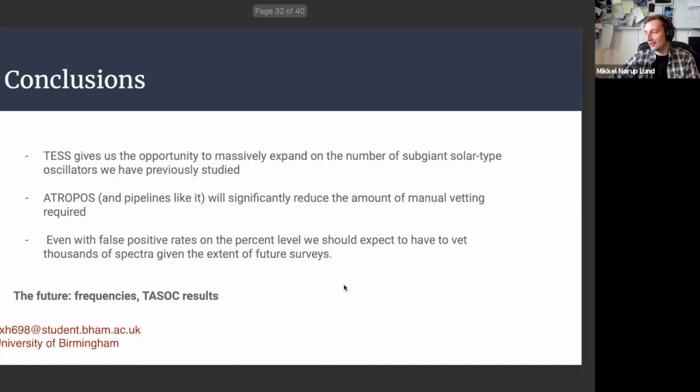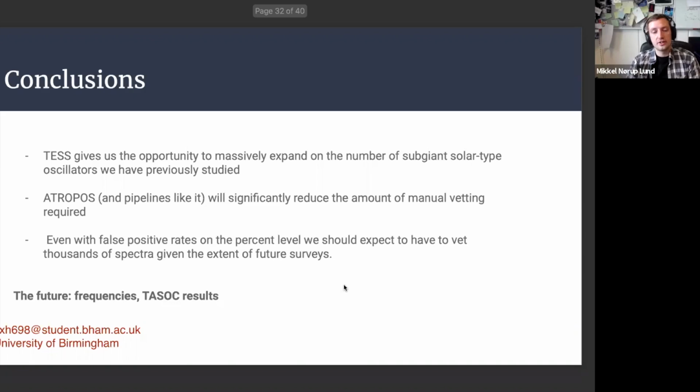Then I might ask another question. Now that we're talking Plato, there's this Plato simulator that can simulate solar-like oscillators, including as much of the known knowns in terms of things that can affect the light curve.